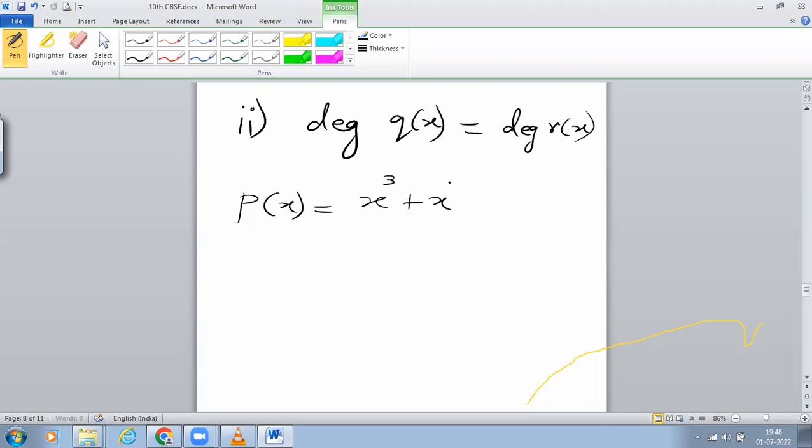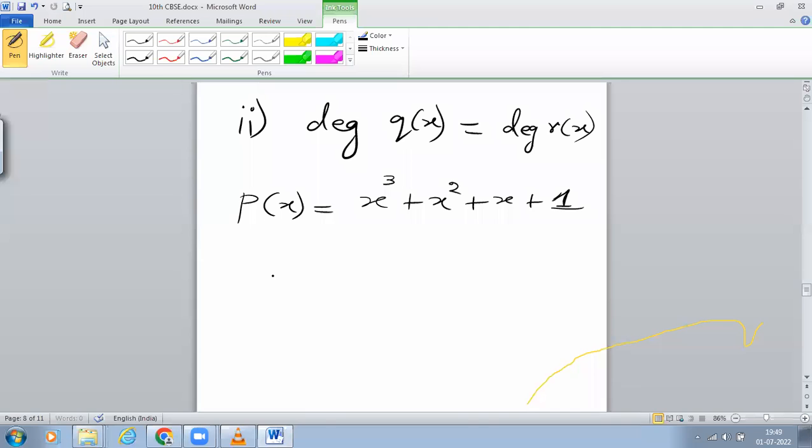So x cube plus x square plus x plus 1, because I'm considering all the coefficients as 1. Like this, you can take a polynomial p of x for giving an example where the quotient and the remainder have equal degree. For that, take p of x is equal to x cube plus x square plus x plus 1. Have you written this?